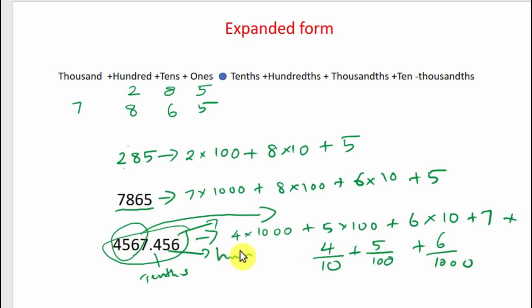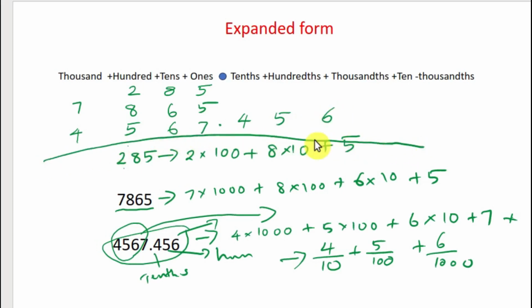The decimal part I have written like this. So 4 thousand, 5 hundreds, 6 tens, 7 ones, point, 4 tenths, 5 hundredths, 6 thousandths. Understood? That is how to expand a decimal number.